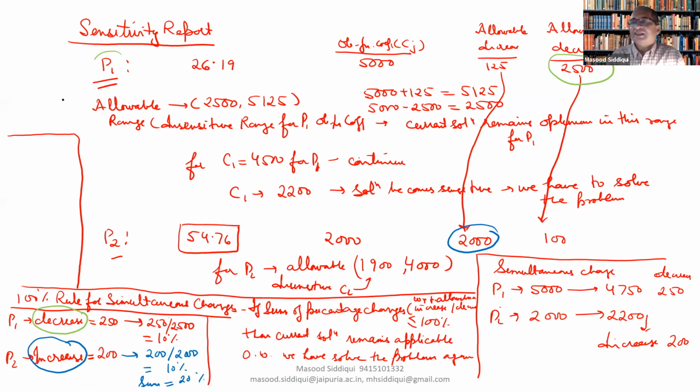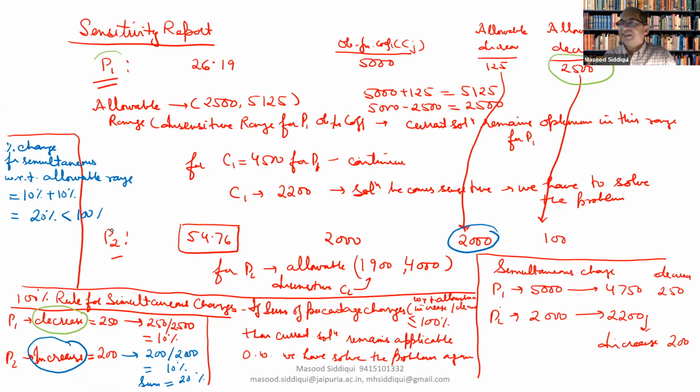So we can say that the percentage change for simultaneous variation with respect to the allowable range is 10% plus 10%, that is 20%, and this 20% is less than 100%.